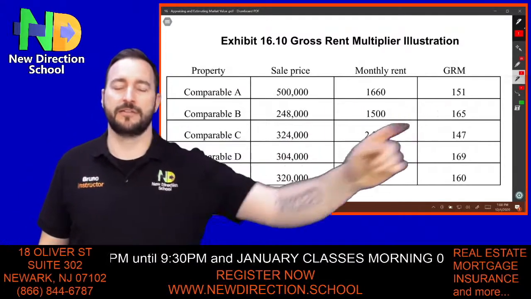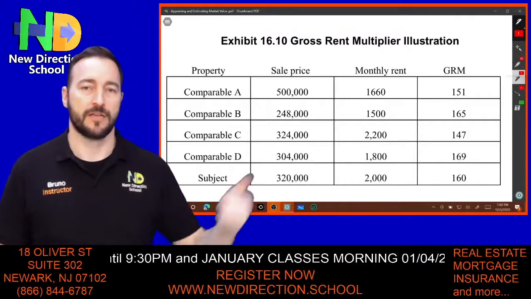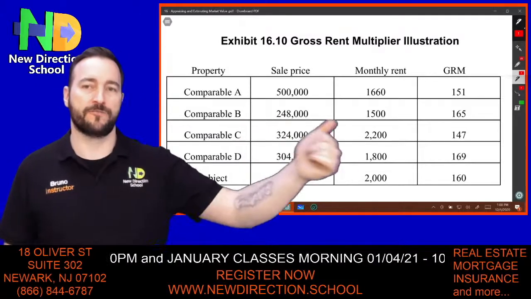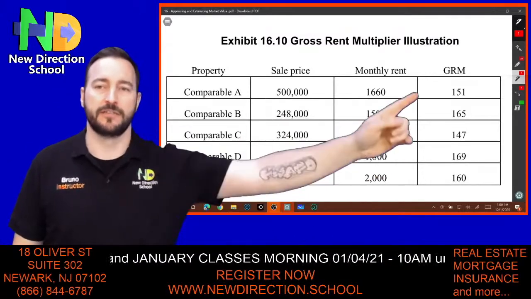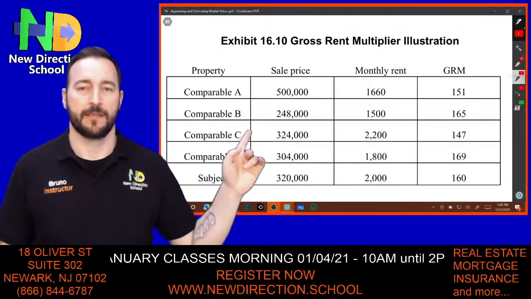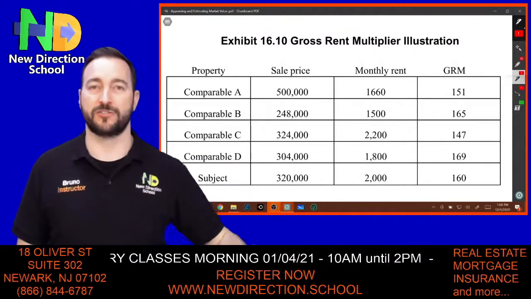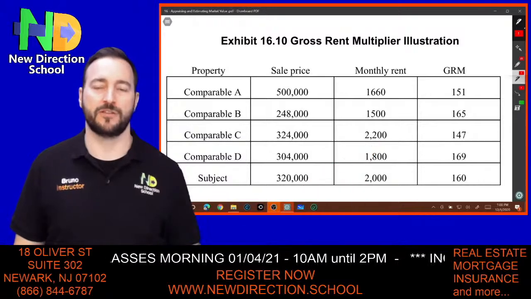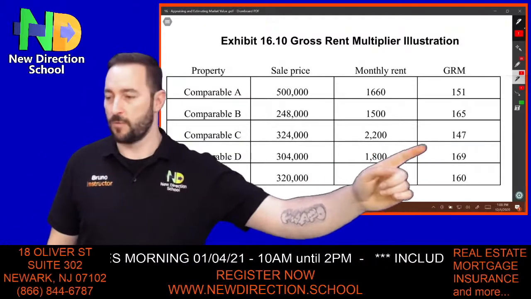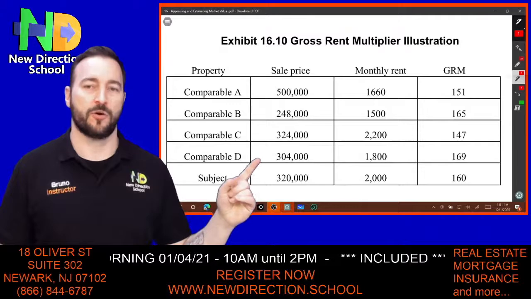The GRM is $151. Property B, $248,000, rent $1,500. The GRM is $165. Property C, $324 is what it sold for, divided by the monthly rent. The GRM is $147, and so on.